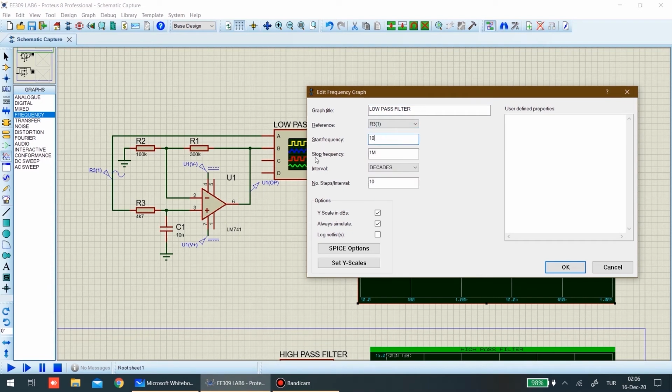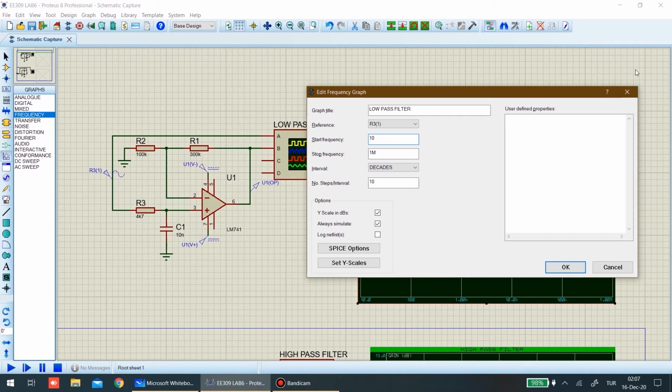Start frequency and stop frequency. What are these? It means that we will start our experiments with that frequency and stop our experiment with that frequency.